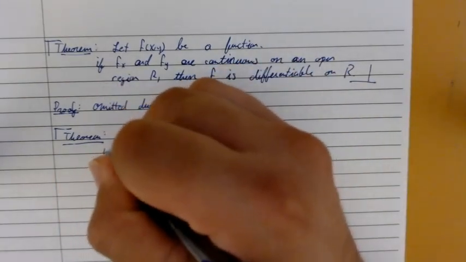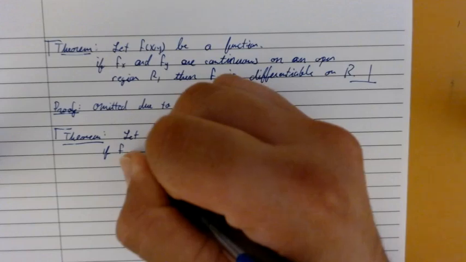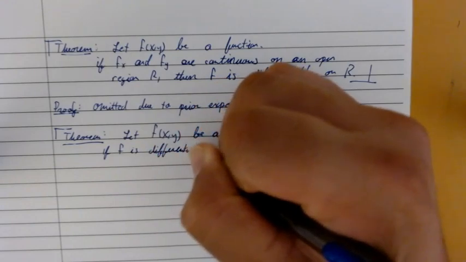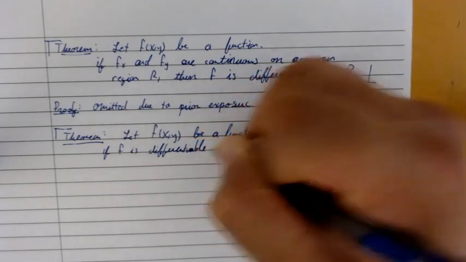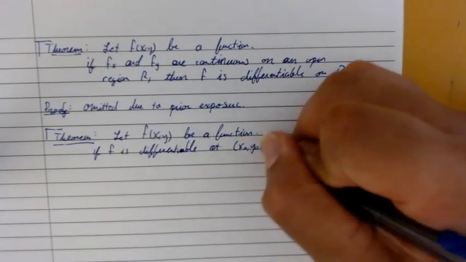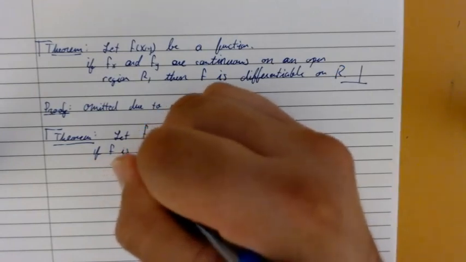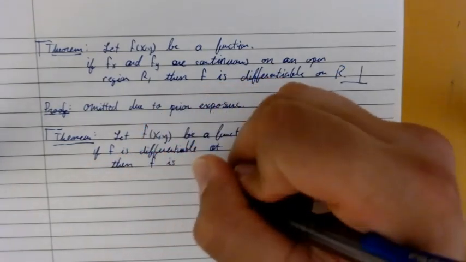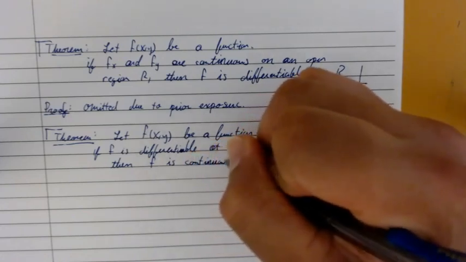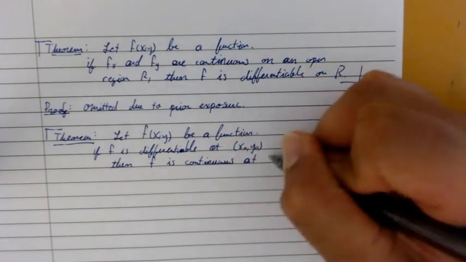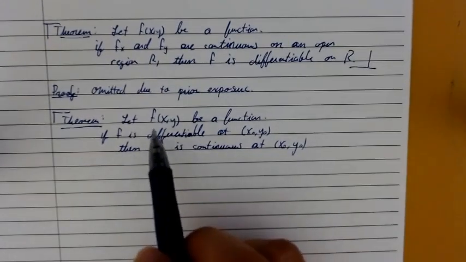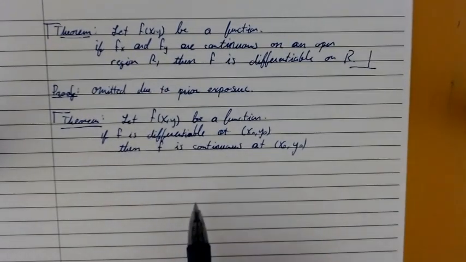If f is differentiable at some point x naught comma y naught, then f is continuous at that same point. So just like with functions of a single variable, differentiability implies continuity.